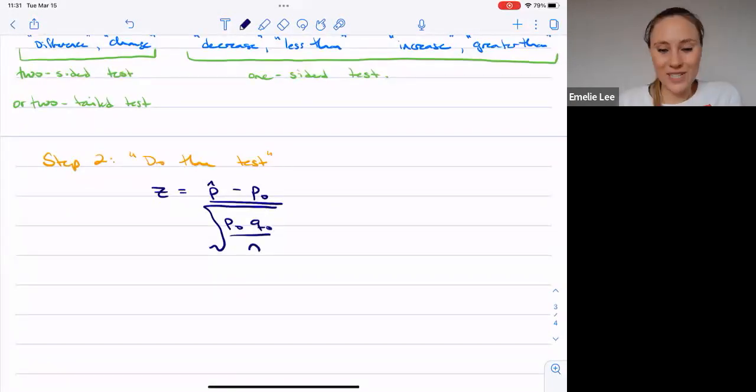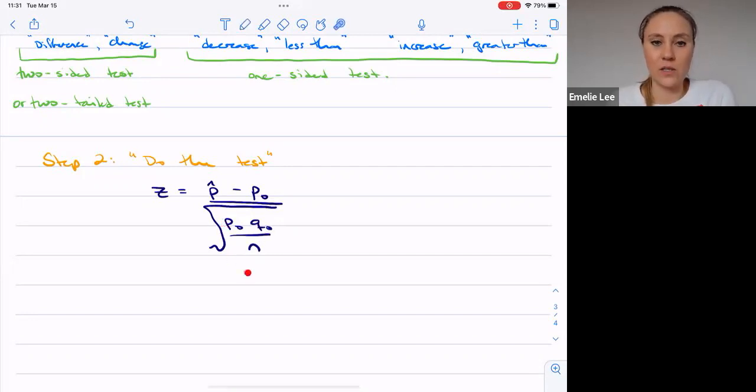Notice the change in the standard error. It's slightly different because we're using the p naught q naught over n. It's on that formula sheet that I posted, but I want you to have it here in front of you, so kind of summarized on a page.